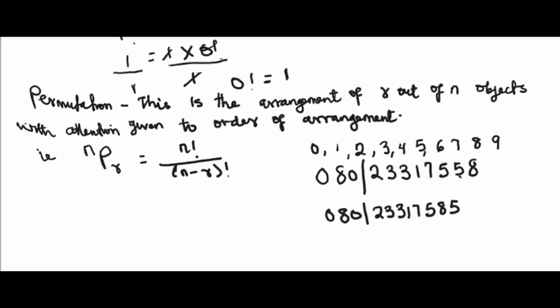Now what happened here? Now you will see that the last two digits were swapped, right? Good. So these two phone numbers are not the same. Though they have the exact same digits, the order has now changed the whole thing.